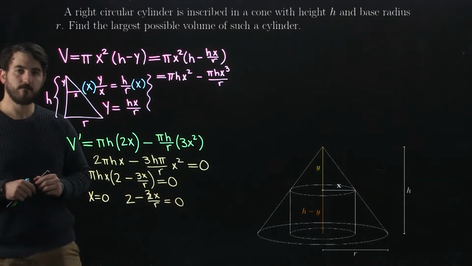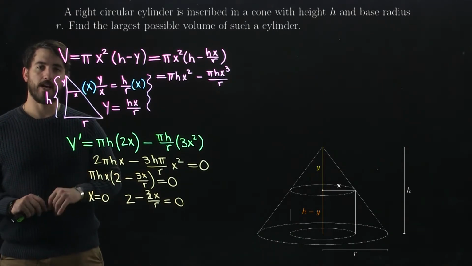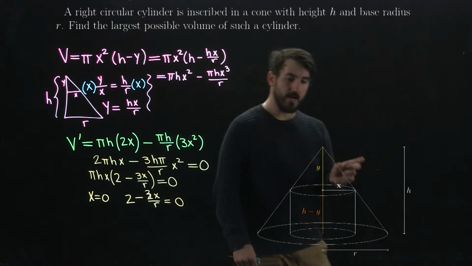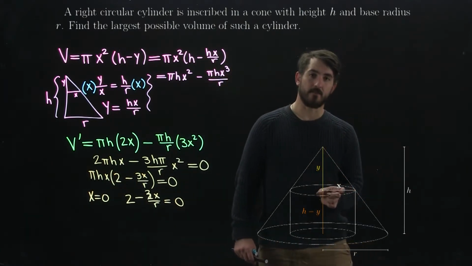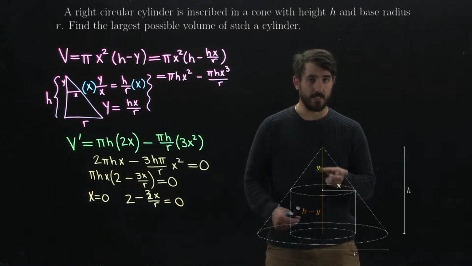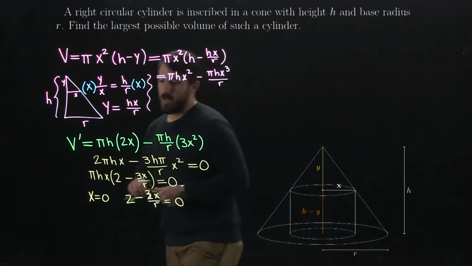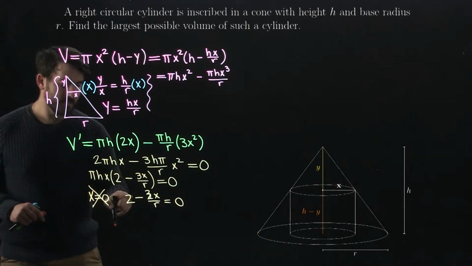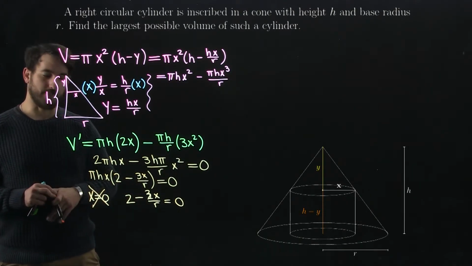Now, we are trying to solve for x here, and x represents the radius of the cylinder, this radius here. So this radius has to be larger than 0. So x equals 0 is not possible. So we want to solve this equation and see what we get.